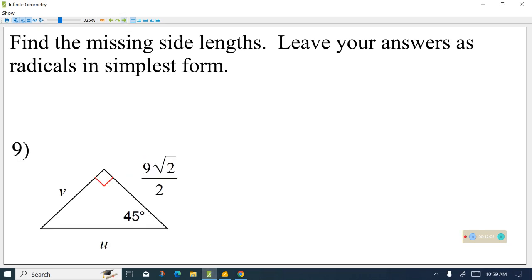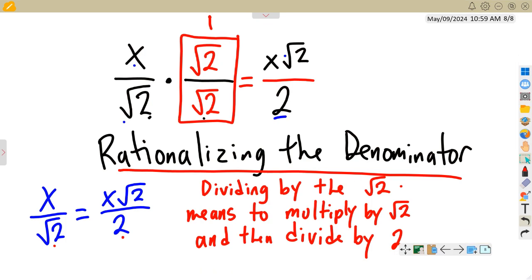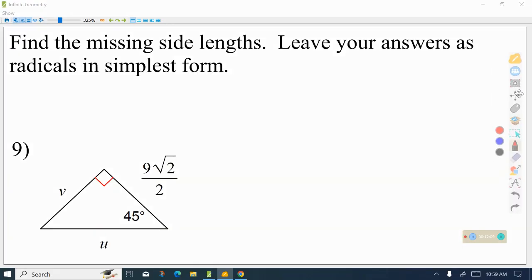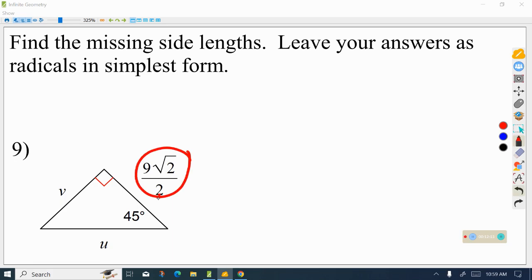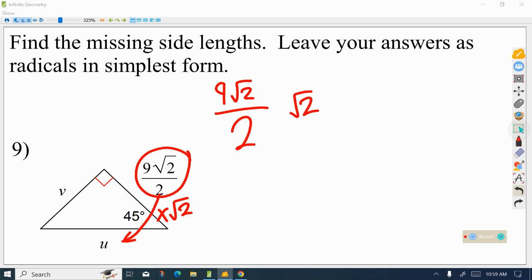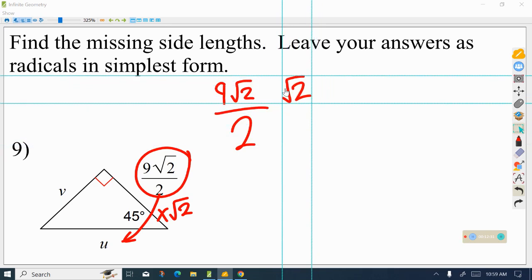Now we'll take a look at number 9. Okay, so now things get a little more hectic, right? So what happens? 9 root 2. If I want to take the leg and turn it into the hypotenuse, I have to multiply by the square root of 2. So in this case, we got a lot to write. We got to write 9 root 2 over 2, and then I got to multiply that by the square root of 2. So where should I put the square root of 2? Should it go on top, or should it go on bottom? Where does it go if I'm multiplying by the square root of 2?